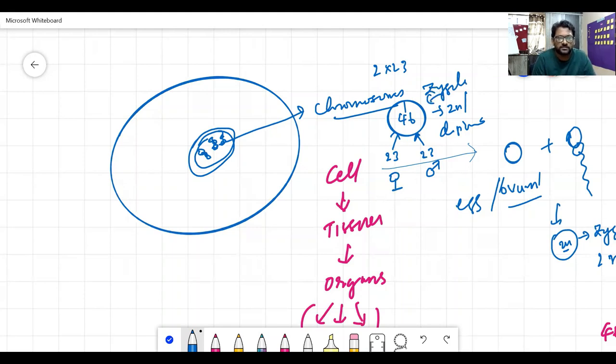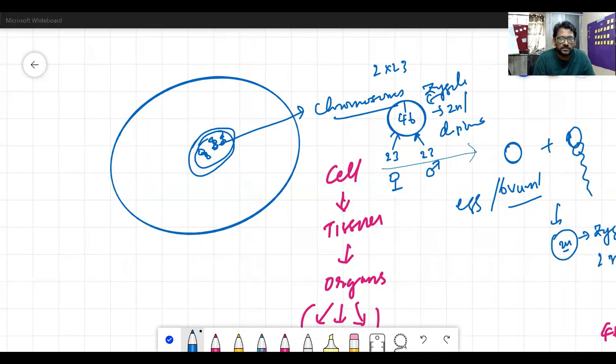This occurs during the fertilization process.